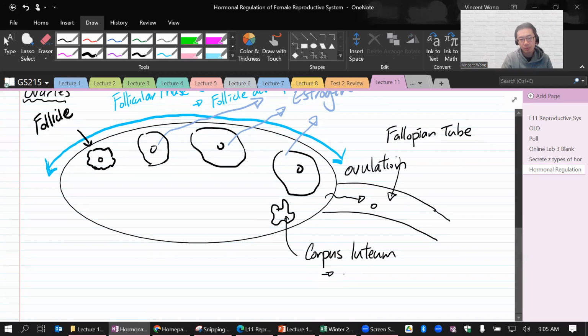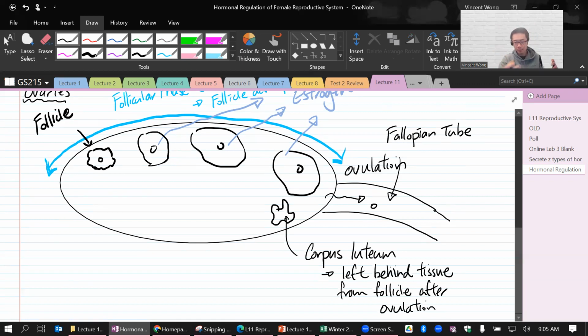So it's left behind tissue from the follicle after ovulation.